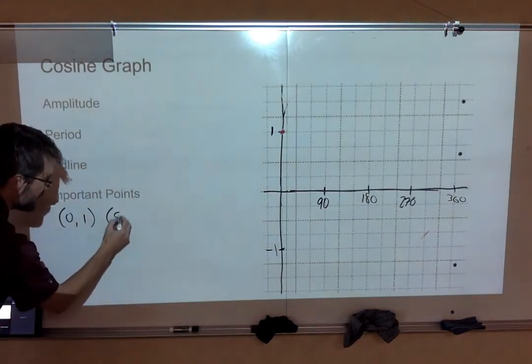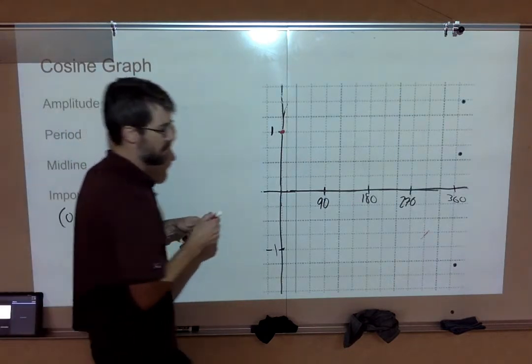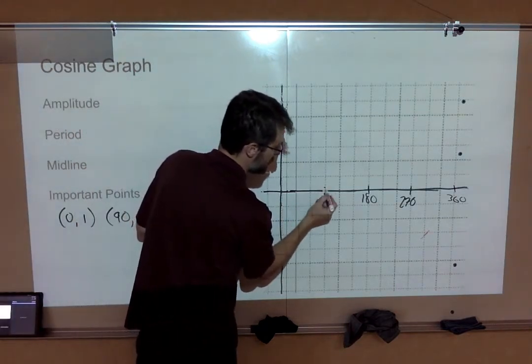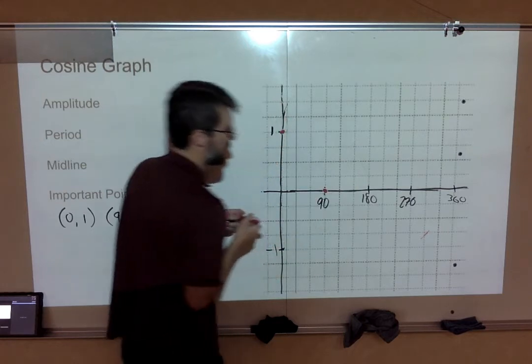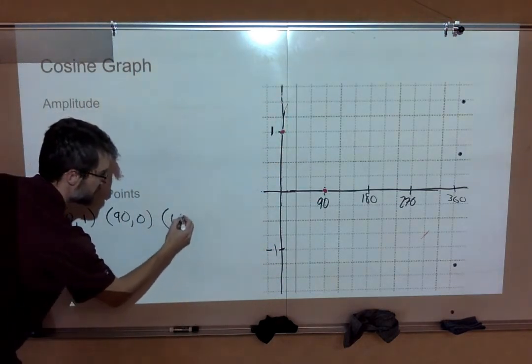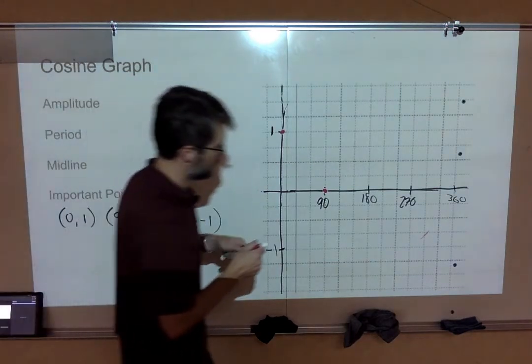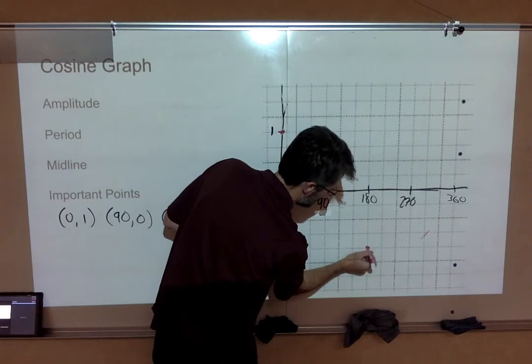Then at 90 degrees, cosine of 90 degrees is 0. So we'll put a point right there. Cosine of 180 degrees is -1. So this point.